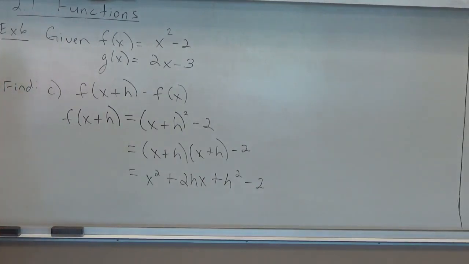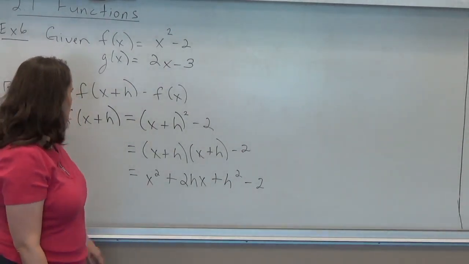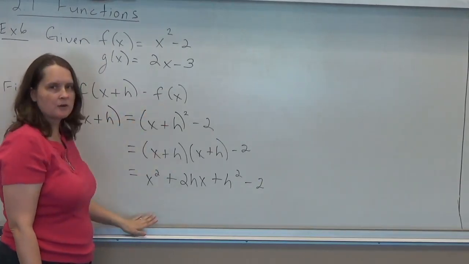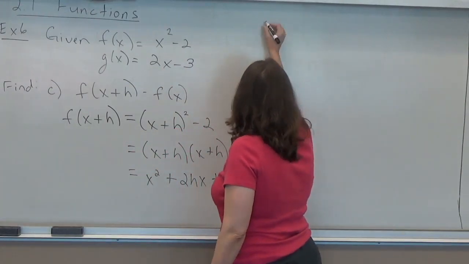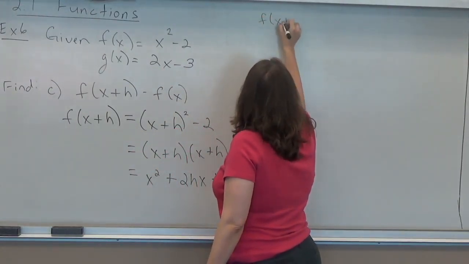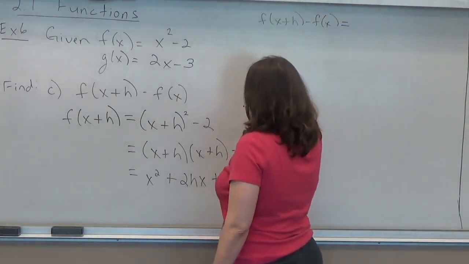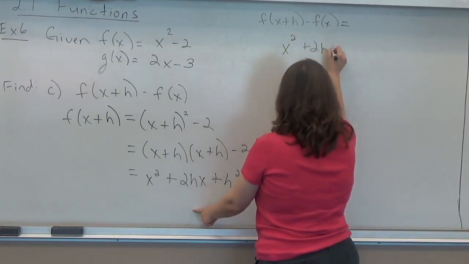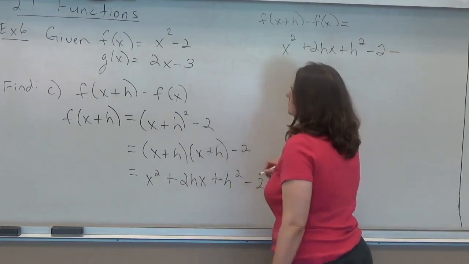Do you think I can combine anything? Can I simplify that at all? I do not have any like terms, so that's as far as I can take this part. So this is just the first part. Now I need to subtract f of x from this. So we're going to do f of x plus h minus f of x equals, and what I just got is x squared plus 2hx plus h squared minus 2 minus f of x.